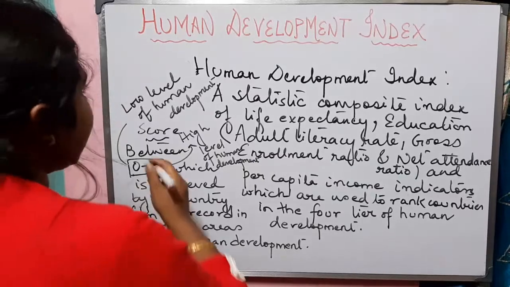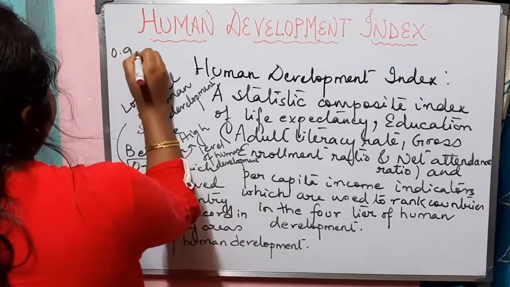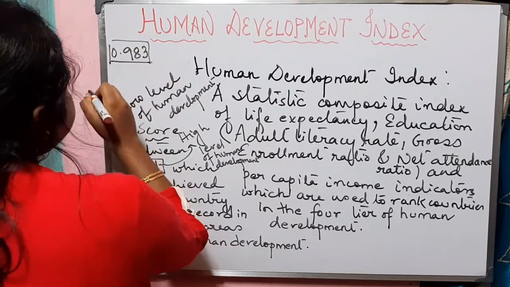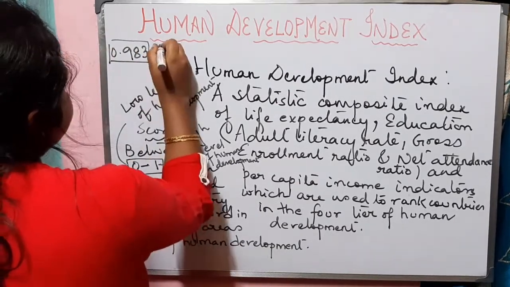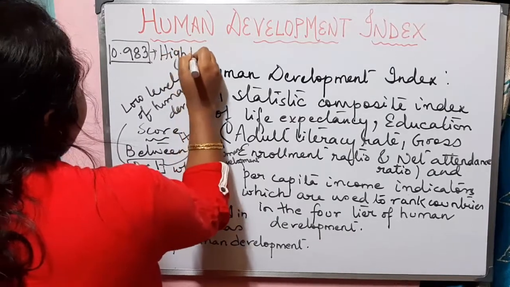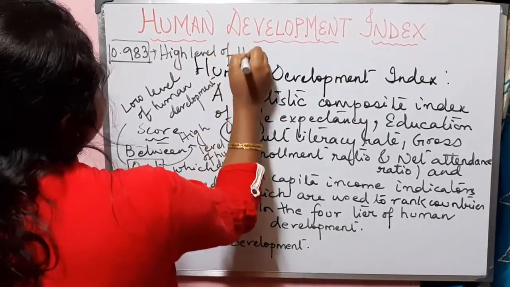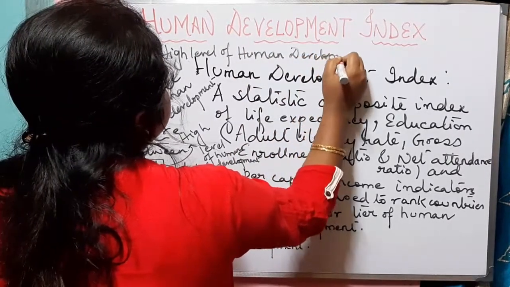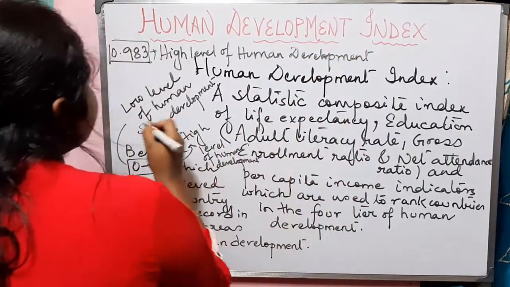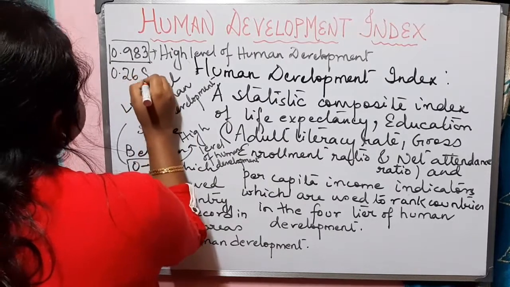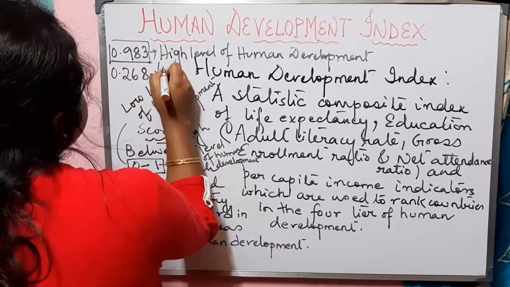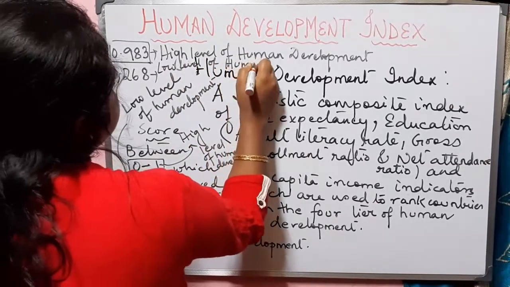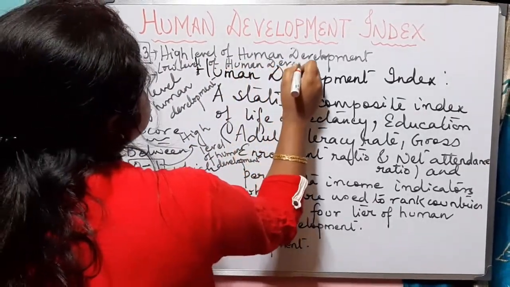For example, a country having an HDI score of 0.983 has a high level of human development. And if the score is 0.268, that means it has a low level of human development.